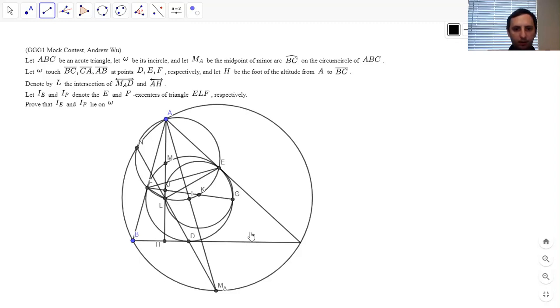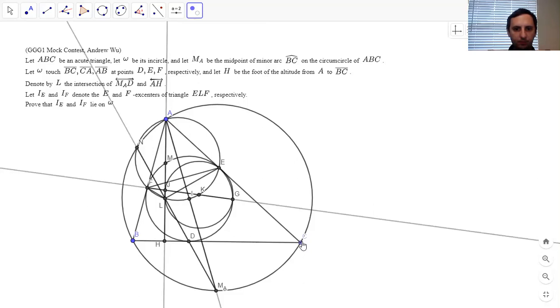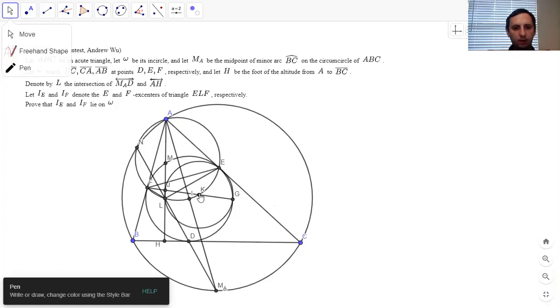LI is parallel to BC. Looks like I accidentally hid point C. And then we could let K be the other intersection.